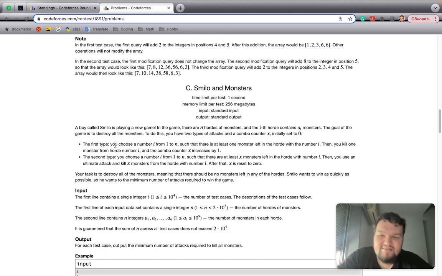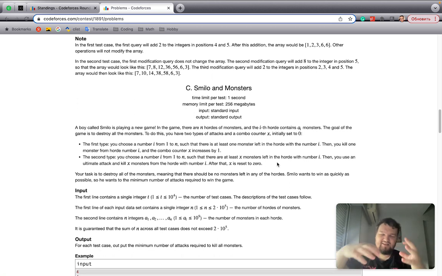The idea that every attack of the first type actually gives 2 damage, because 1 right now and 1 from the future attack of the second type, is very nice.